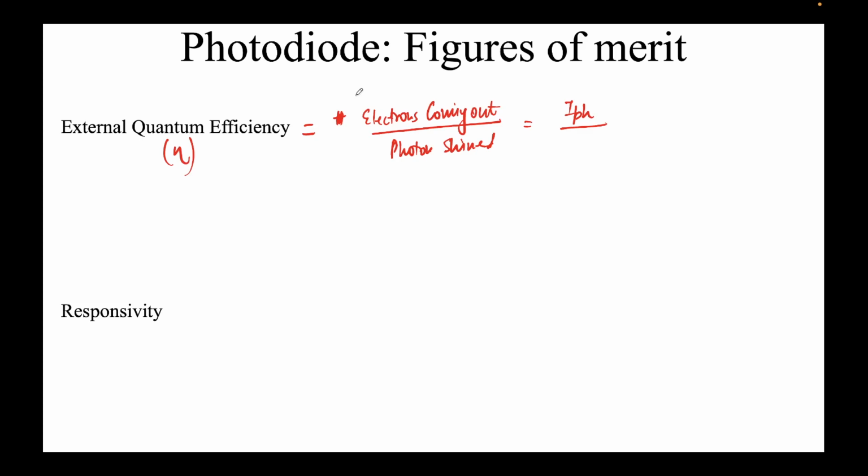Give me a minute. I'm sure this is the concept behind external quantum efficiency, but let me see if I can find the expression.